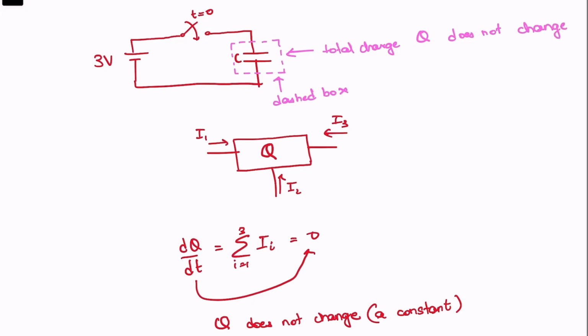Now all that is left is to remark that initially the capacitor is uncharged, and we can take it that Q is equal to 0 initially.